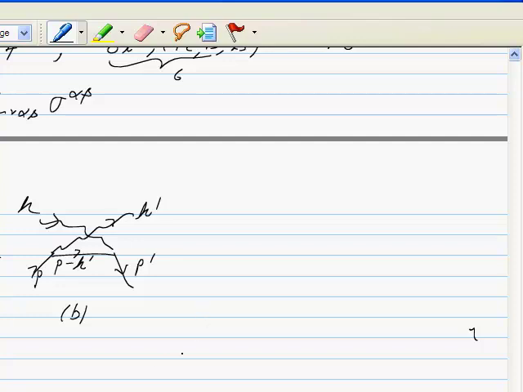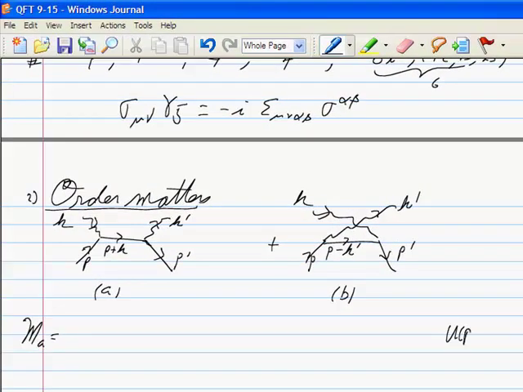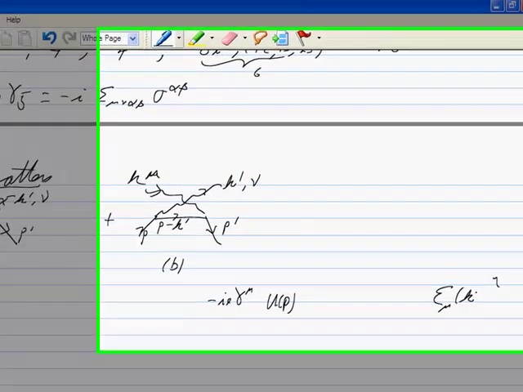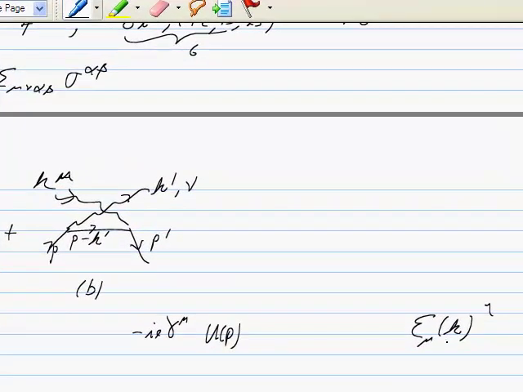So on the fermion part here, we're going to have u of p as my initial state. That's an initial state. It comes in, and at the first vertex that I just tapped, I hit a minus i e gamma mu. So let's explicitly say this guy is mu. So it's mu here. k will be associated with mu, and we'll have an epsilon mu of k associated with that.